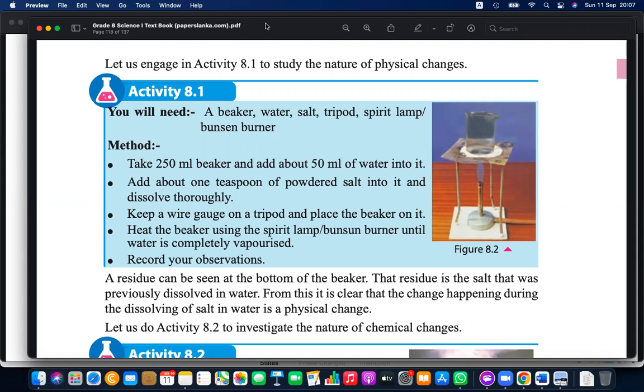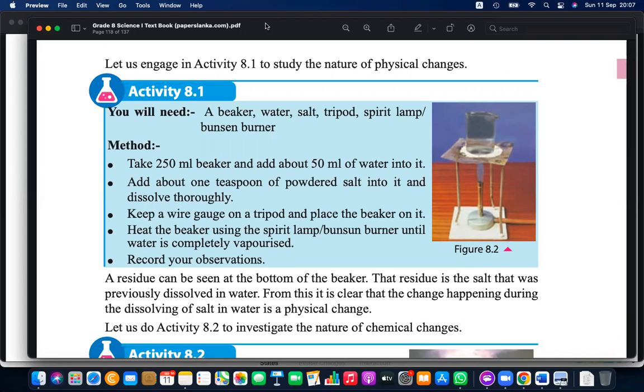It becomes a powder. Yes, it will become a powder.